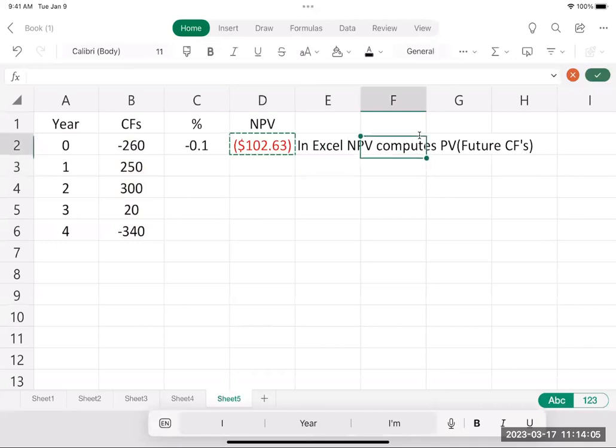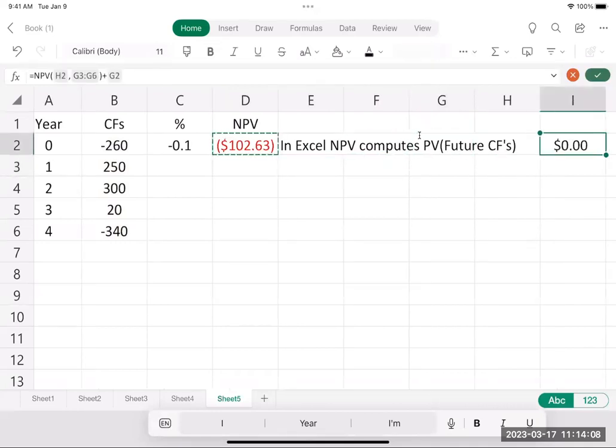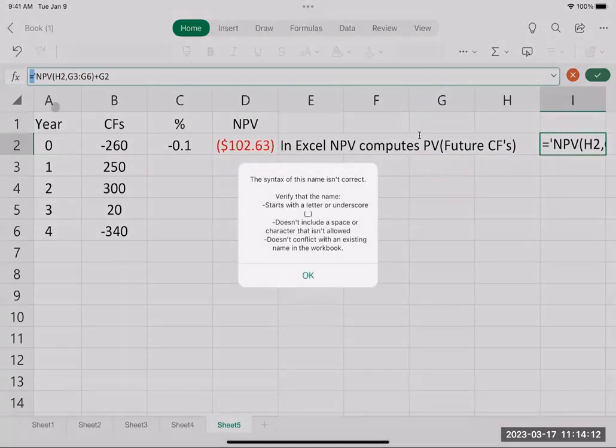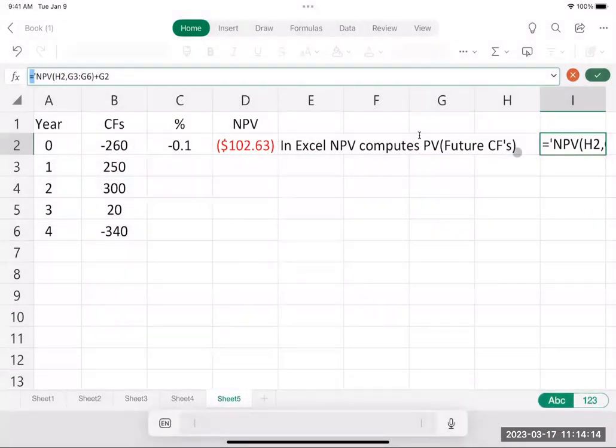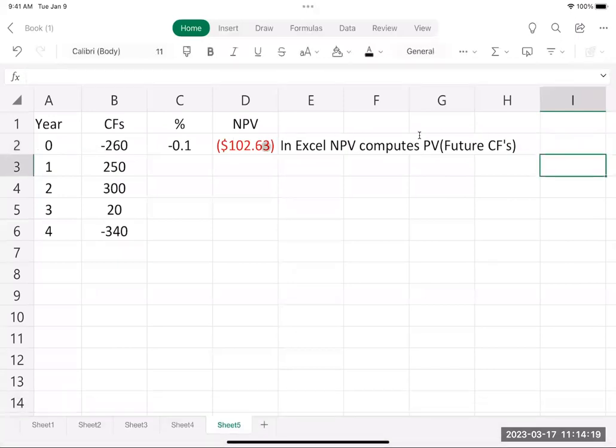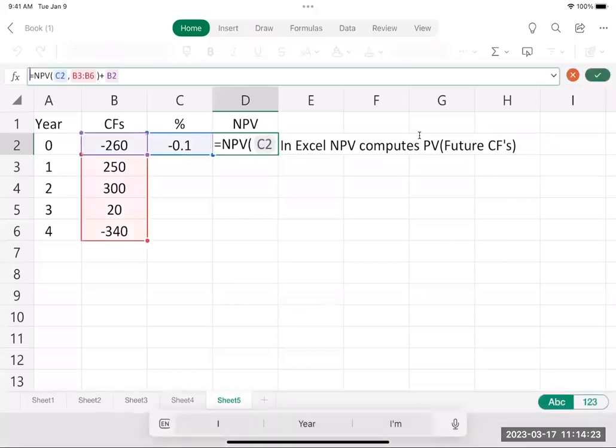So that's why I'll take the formula to show you. I'll put it here. Oh, that didn't work. That's not good. Forget that. The formula here. Give me a second.